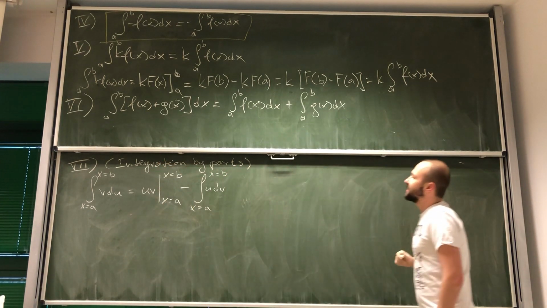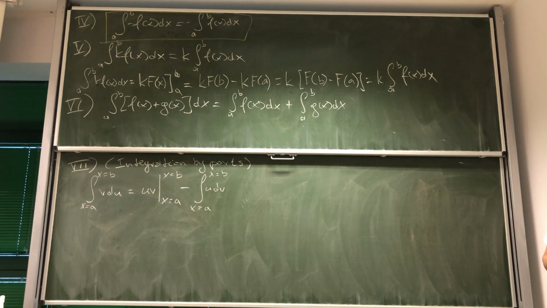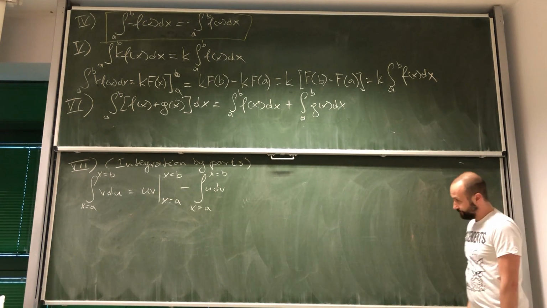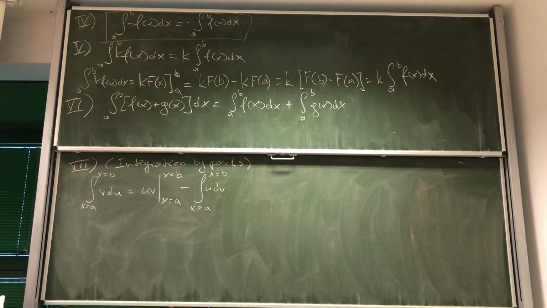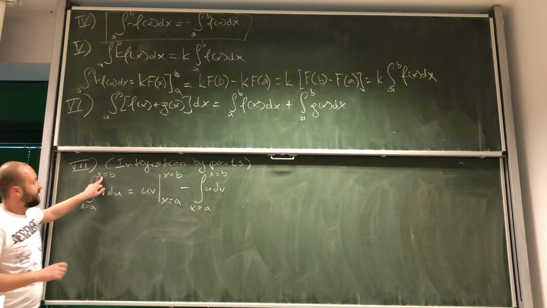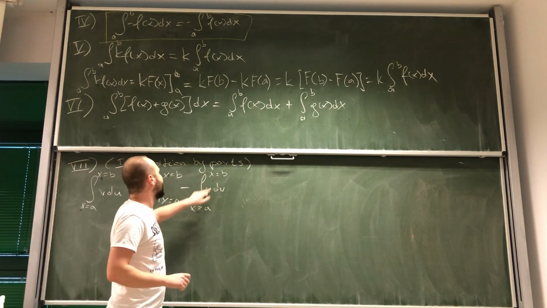Okay, let me just explain. Look, this is the formula for integration by parts. Here we have those x's appearing. Why are they appearing here?